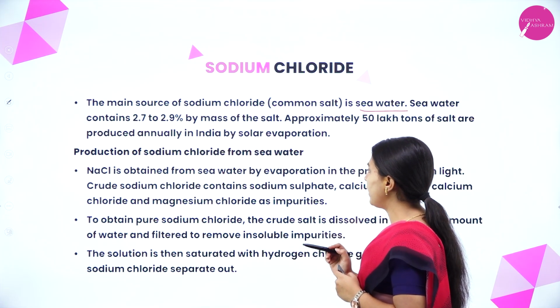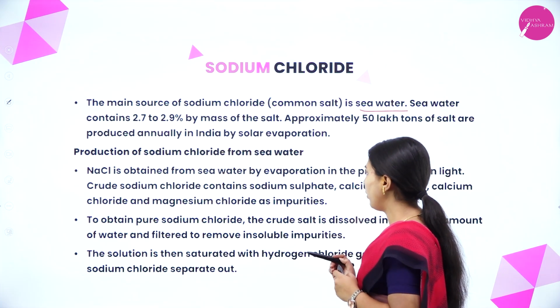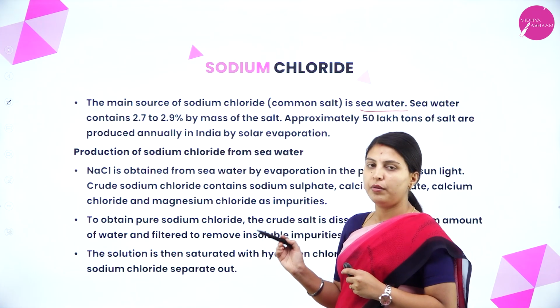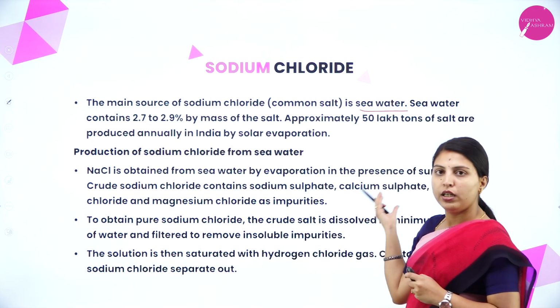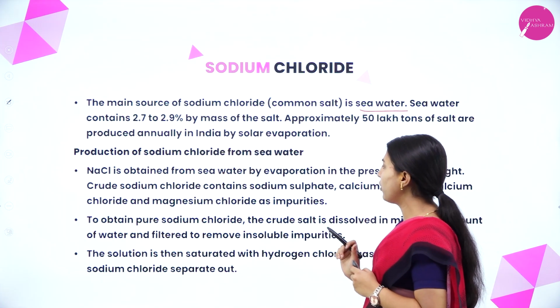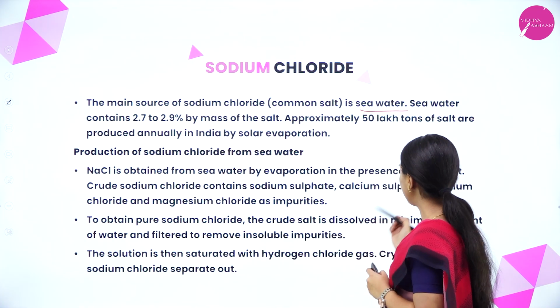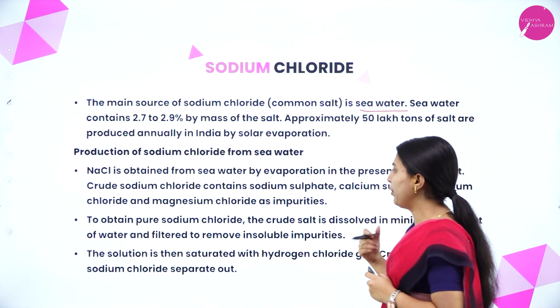Crude sodium chloride contains sodium sulfate, calcium chloride and magnesium chloride as impurities. By sunlight evaporation, we can dry out this sodium chloride, but the crude sodium chloride will contain sodium sulfate, calcium chloride and magnesium chloride as impurities.